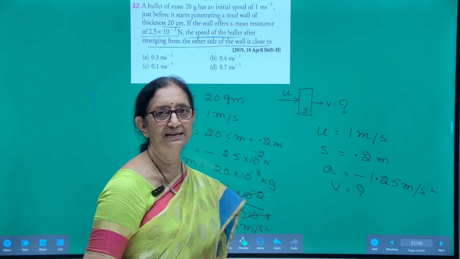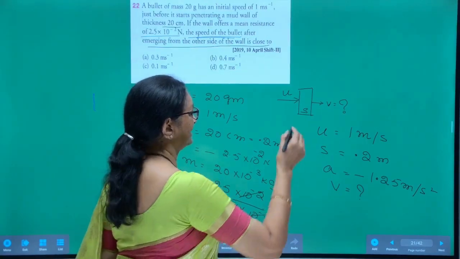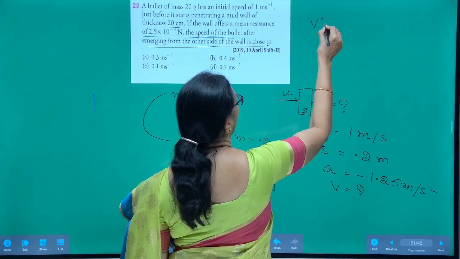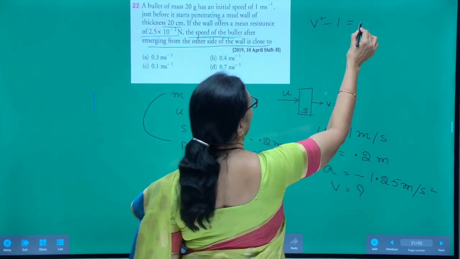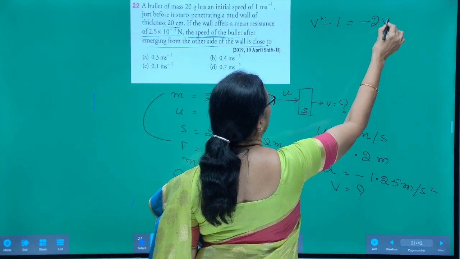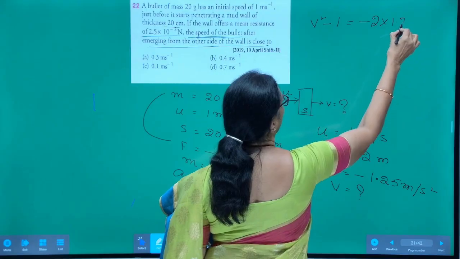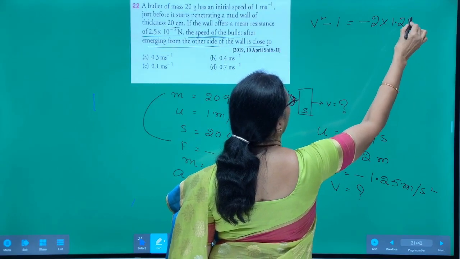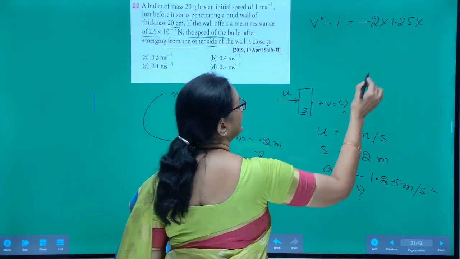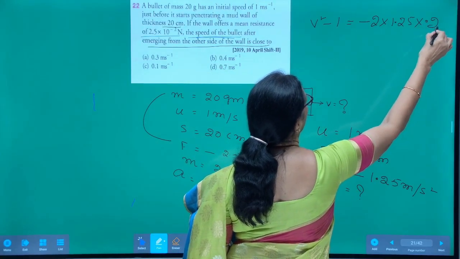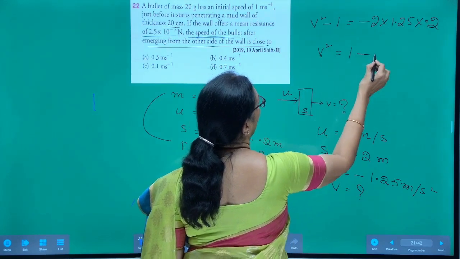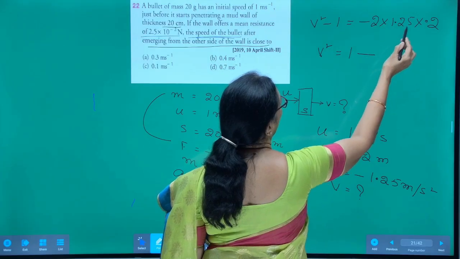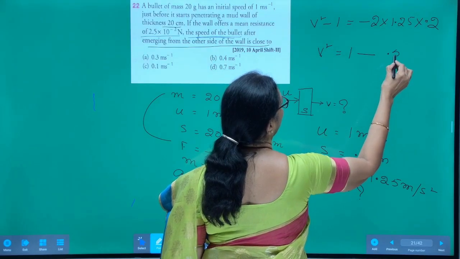v square minus u square is 2as. So, v square minus u square is 1, is equal to 2 a, 1.25 with a negative sign, into s. S is 0.2. So, this is v square is equal to 1 minus 2.5 into 0.2, that is 0.5.